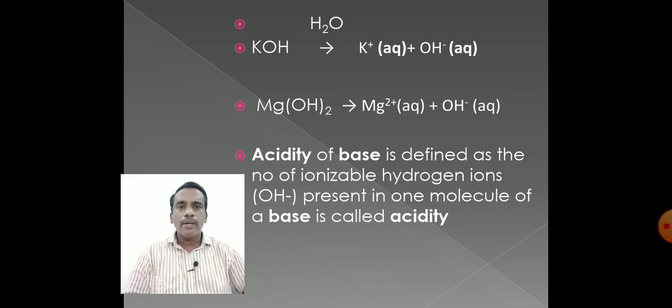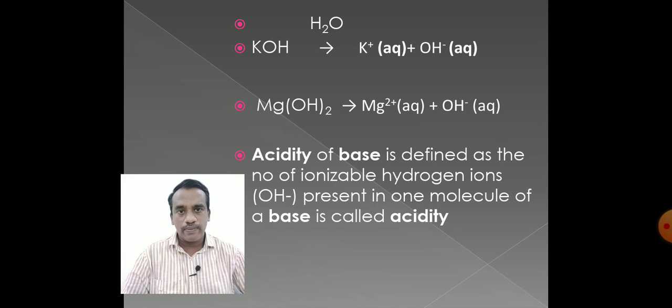You can observe here KOH. It is called potassium hydroxide. When it is dissolved in water, it dissociates into K plus ions and also OH minus ions. So the compound that generates OH minus ions is called a base.